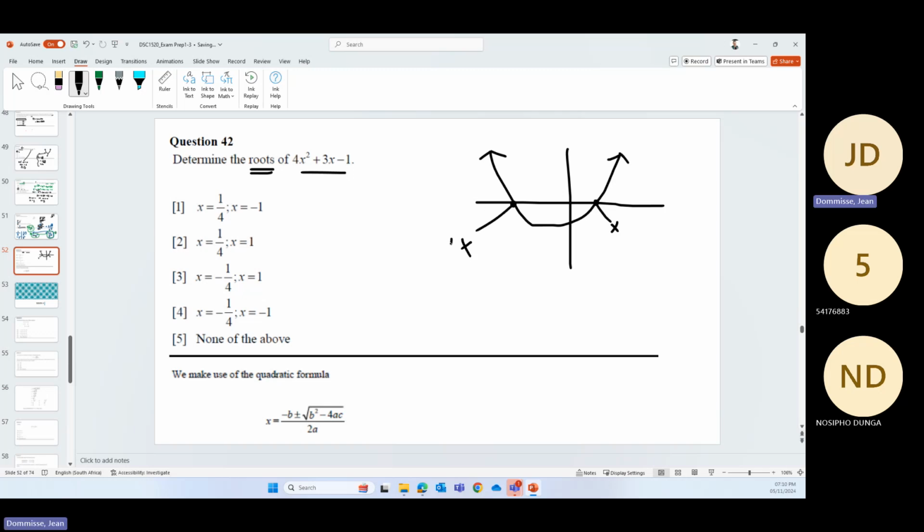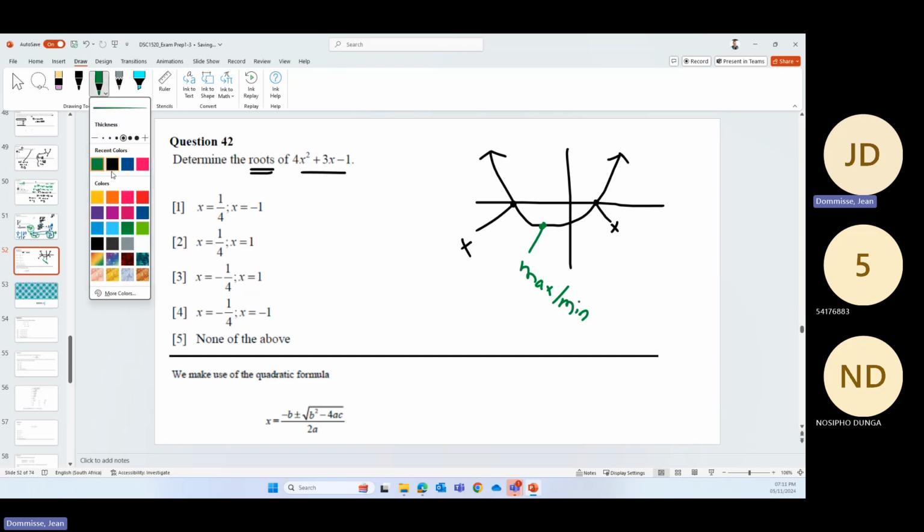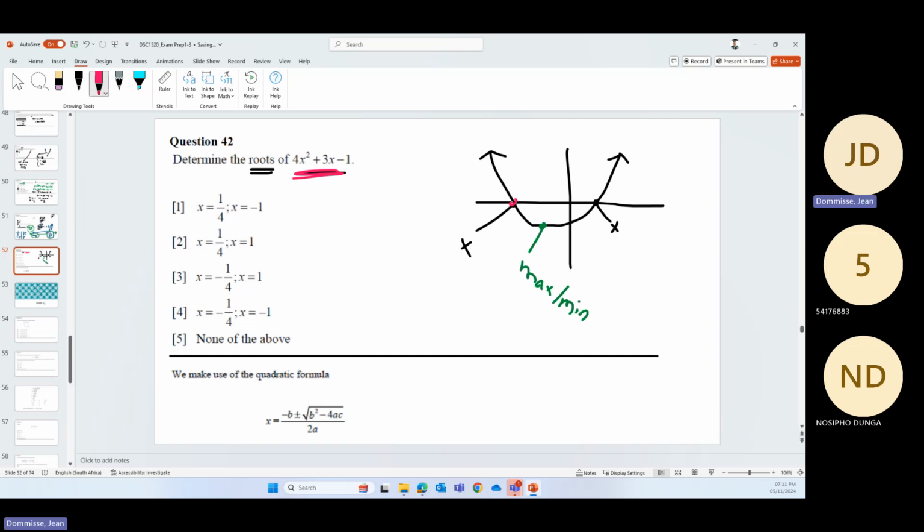Here was the turning point, which was the maximum or minimum question. So there's a bit of a difference. They're not asking us for this maximum or minimum point. They are asking us to work out the roots.